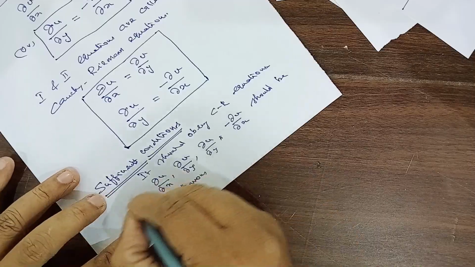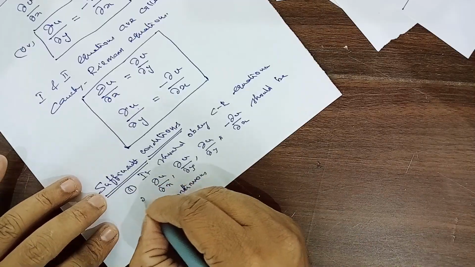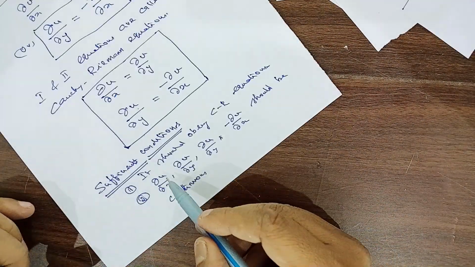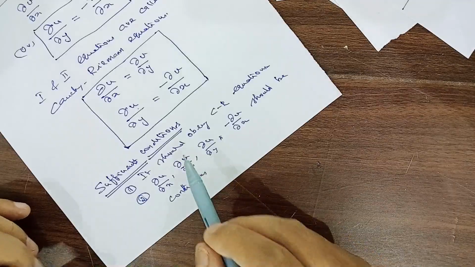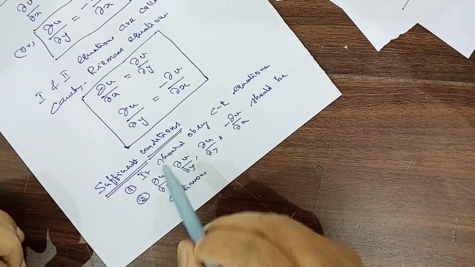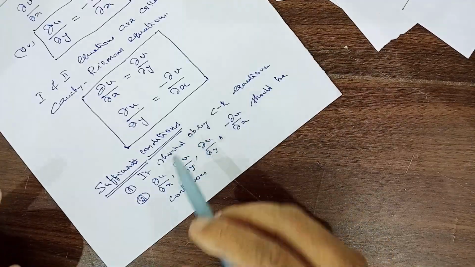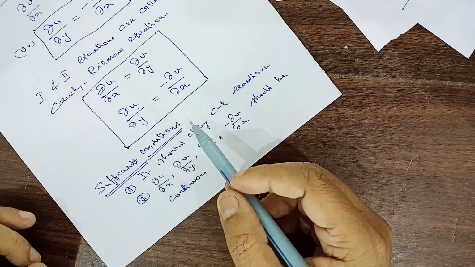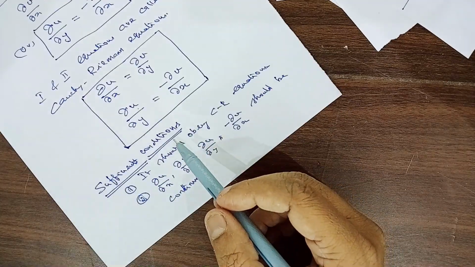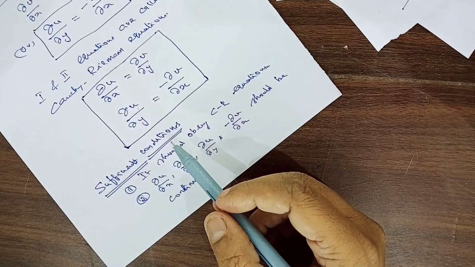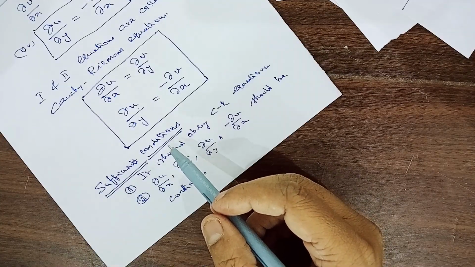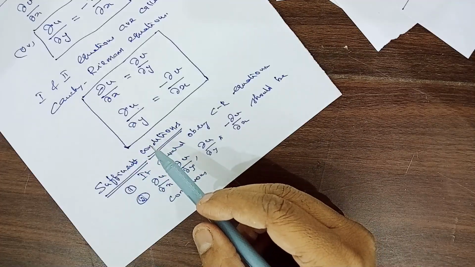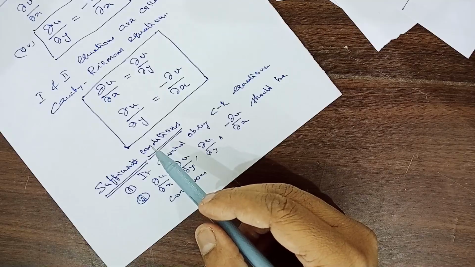These are the two main sufficient conditions for a function to be analytic. In this class we saw the definition of an analytic function, then the Cauchy-Riemann equations, and we derived them. Hope you all understand this topic.